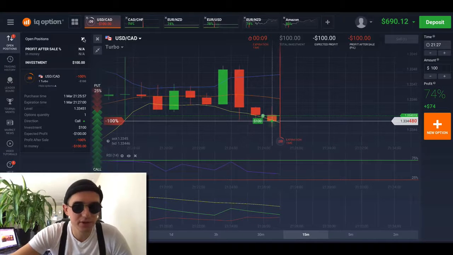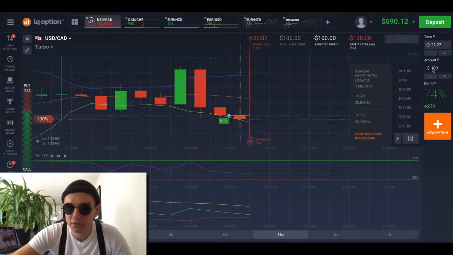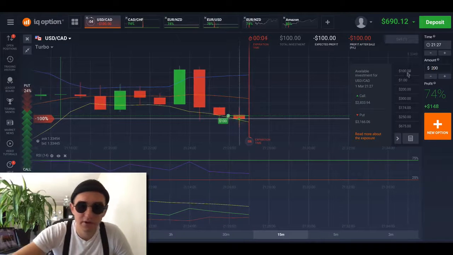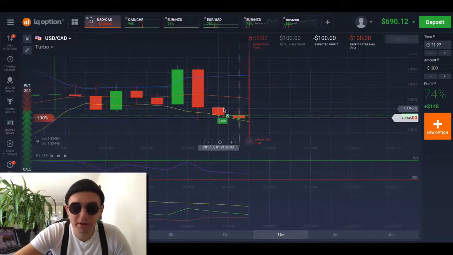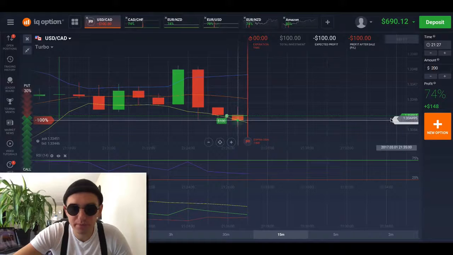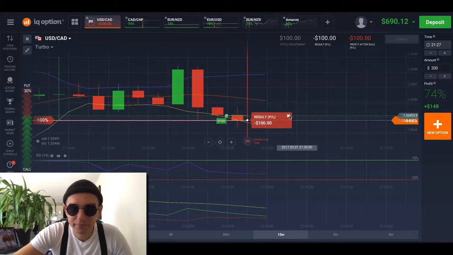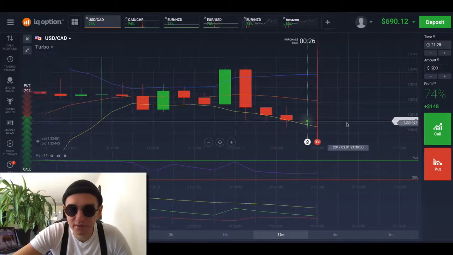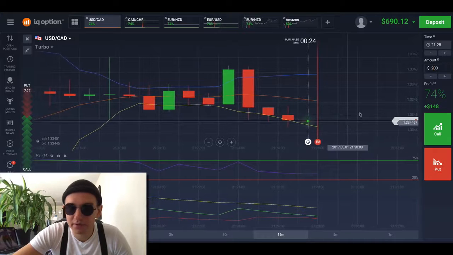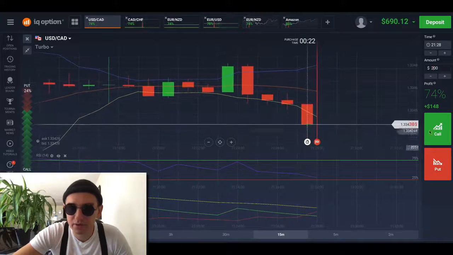Looks like we might lose this one, so I will prepare to martingale. I multiply my stake by 2. Yeah, we lost this one, but okay.